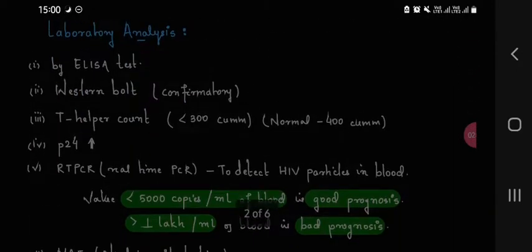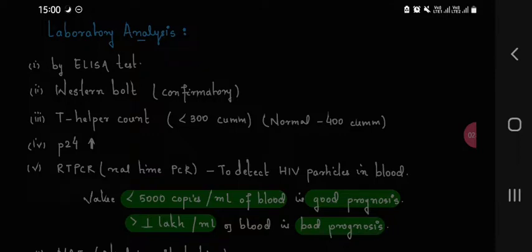Laboratory analysis: by ELISA test, with Western blot as confirmatory. T helper count is smaller than 300 per cubic millimeter; normal is 400 per cubic millimeter. P24 increases. RT-PCR, real-time PCR, detects HIV particles in blood.